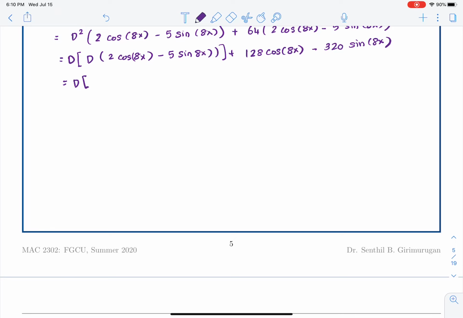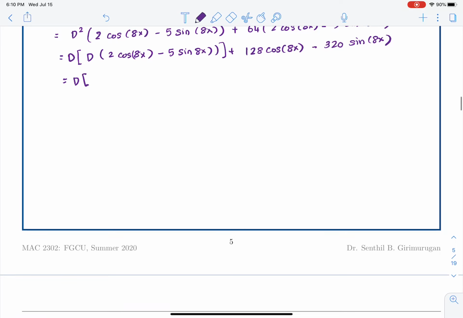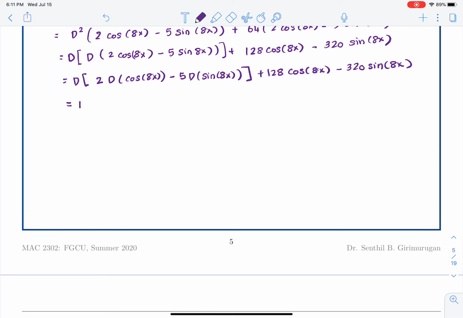The 2 can come out because it is a constant, so we are applying the differential operator here: 2 times the operator applied to cosine 8x, minus 5 times the operator applied to sine 8x, plus 128 cosine 8x minus 320 sine 8x. The derivative of cosine 8x is negative 8 sine 8x.